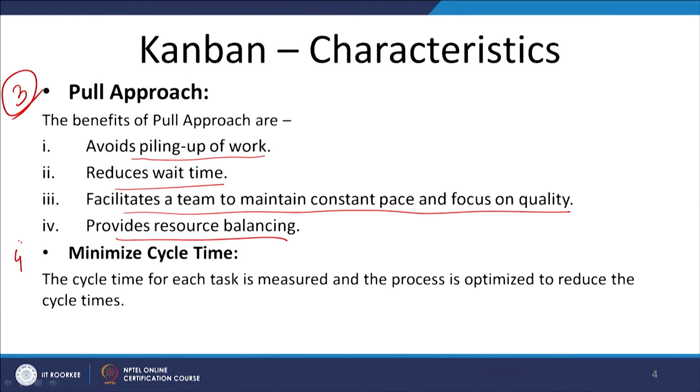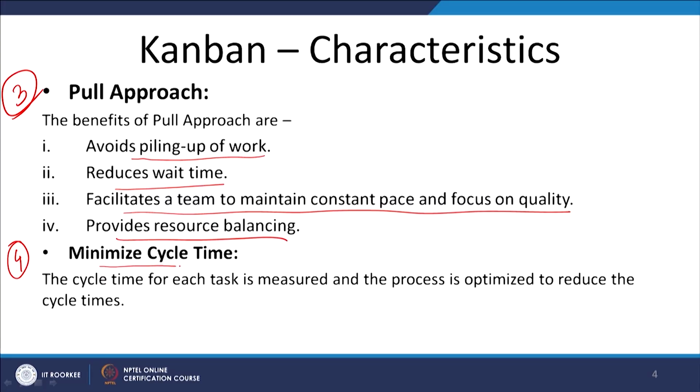Then it also helps you in minimizing the cycle time. Your cycle time will be reduced. The cycle time for each task is measured and the process is optimized to reduce the entire cycle time. When you have Kanban, you are able to reduce the waiting time, and when there is no waiting time, your time is used only in value added activities, and therefore, the entire cycle time is reduced.